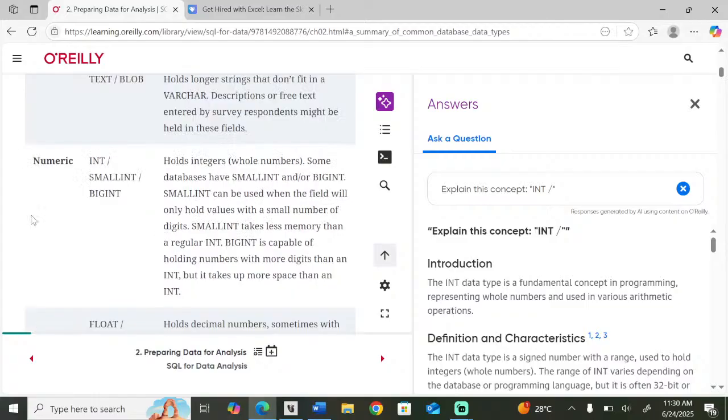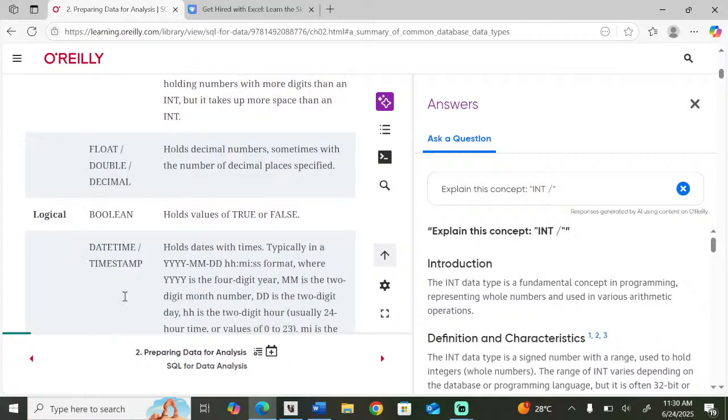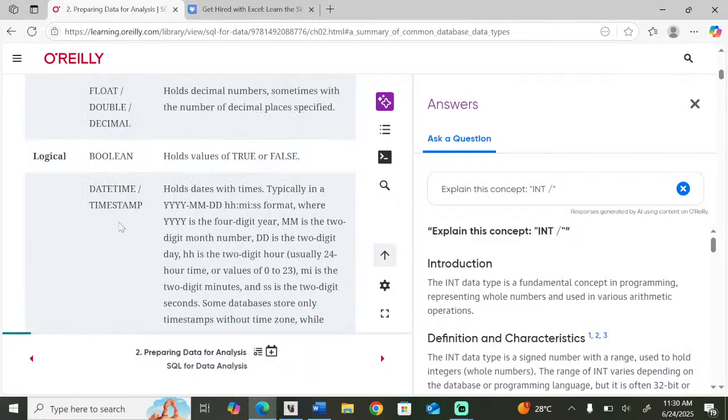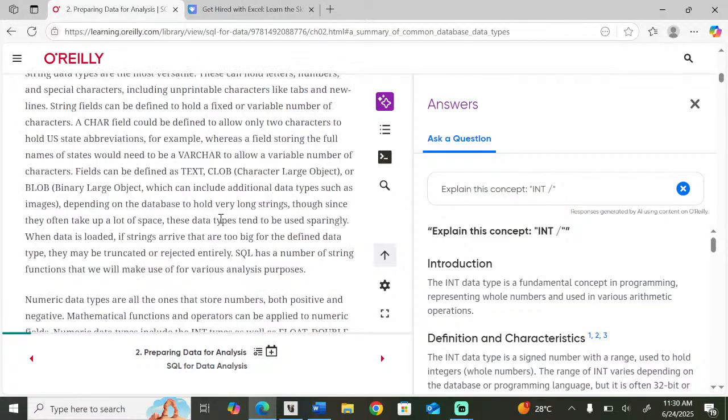We have integers, we have decimals, and those are the most used ones. Then you have the logical ones, which is boolean. It holds either a true or false value. It checks if a value is true or not. Those are the data types we have.